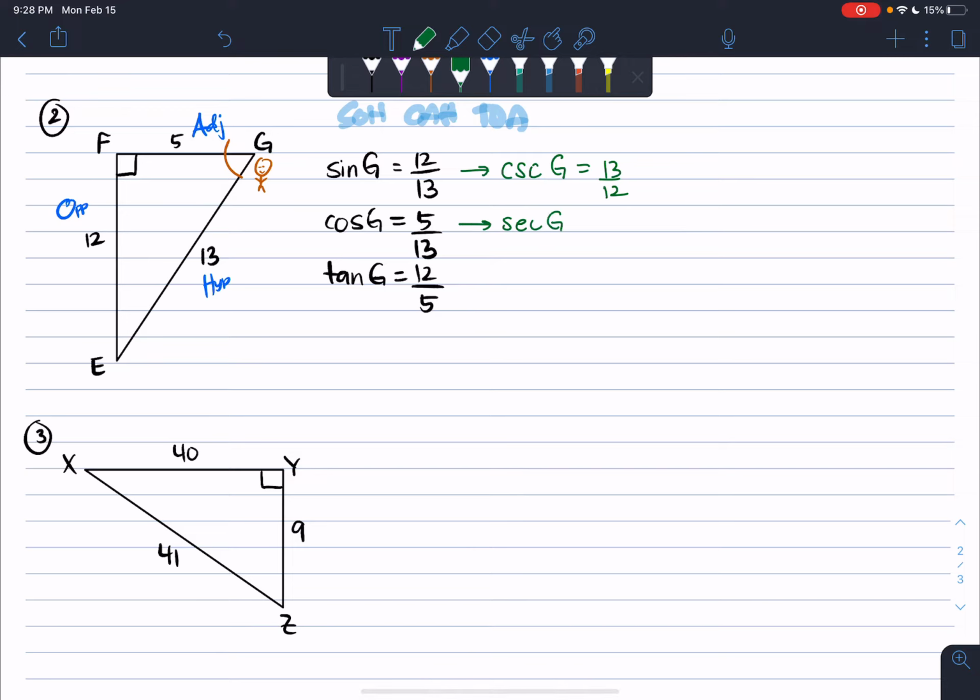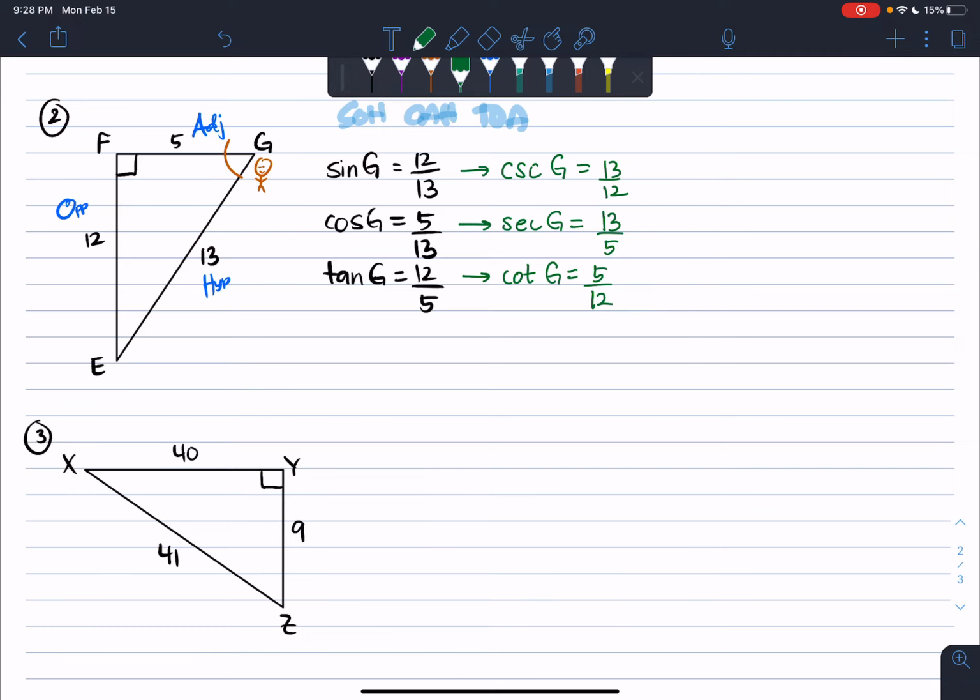So the secant of G is 13 over 15. Oh, sorry, 13 over 5. I read that wrong. And finally, the reciprocal of tangent is cotangent. So we get the cotangent of G is equal to 5 over 12. And there we go.